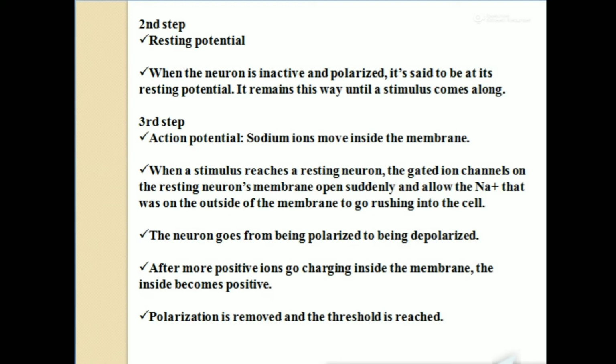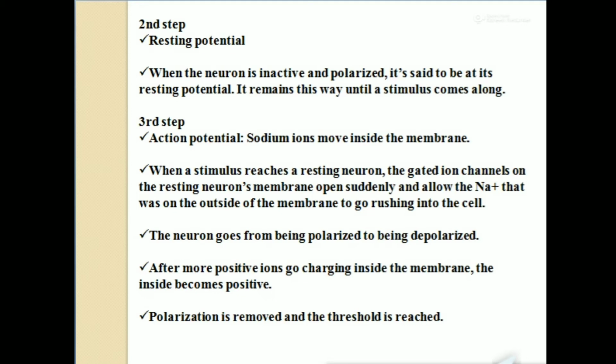After more positive ions go charging inside the membrane, the inside becomes positive. This positivity comes from the sodium ion. As we know, all the sodium channels being open, sodium ions influx into the cell from the outside. This causes positivity within the cell.